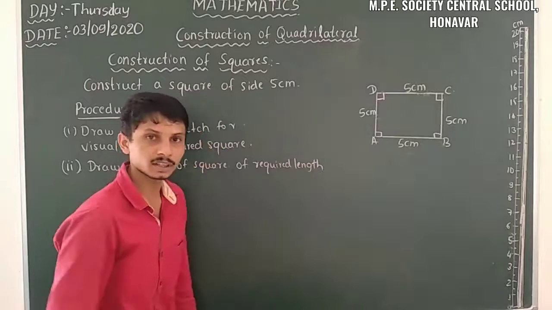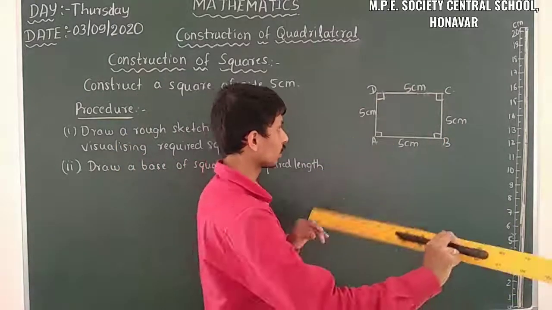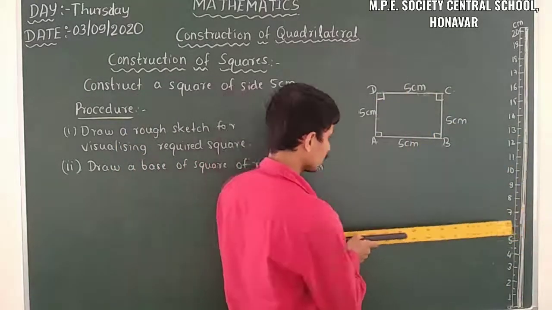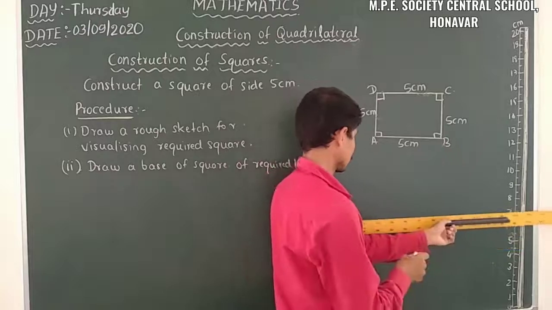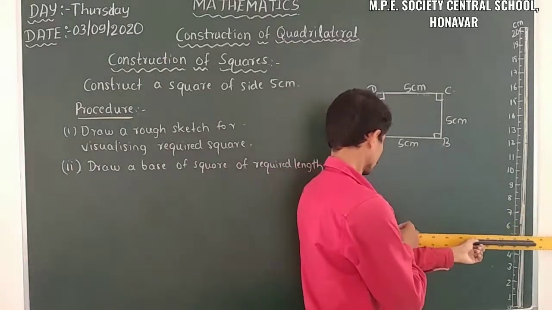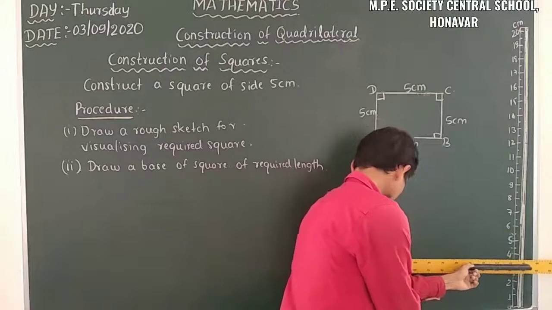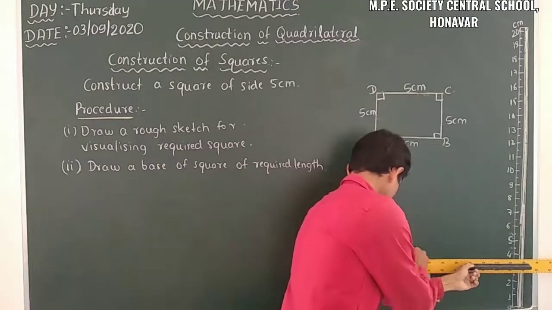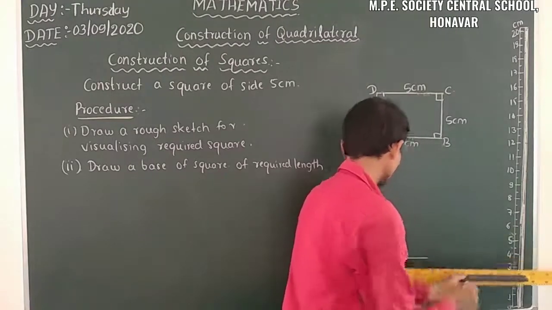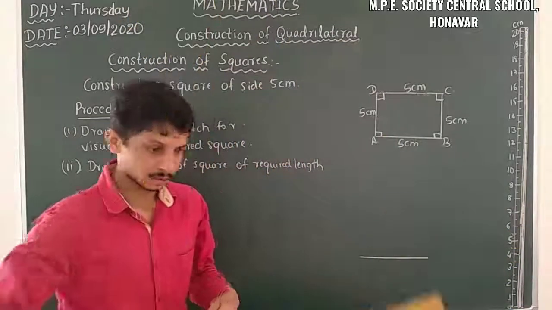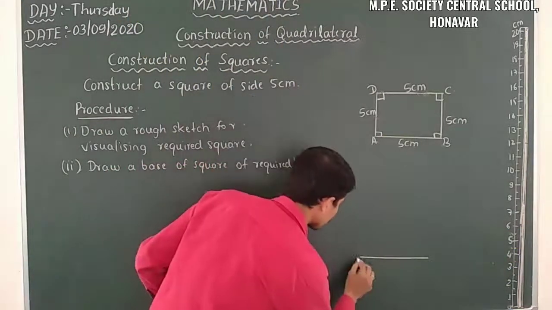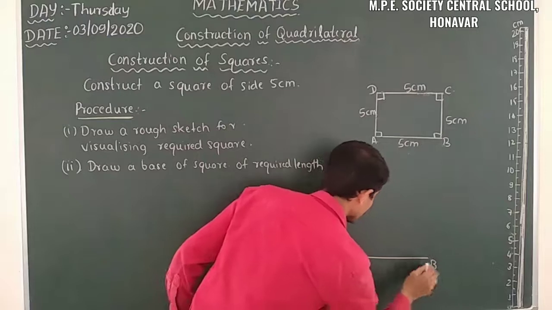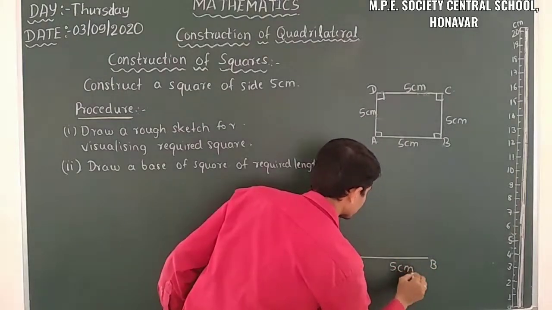Here we have to draw a base of length 5 centimeter. So here it is, I will draw it here. It is 5 centimeter in length. Then we label it AB, 5 centimeter.